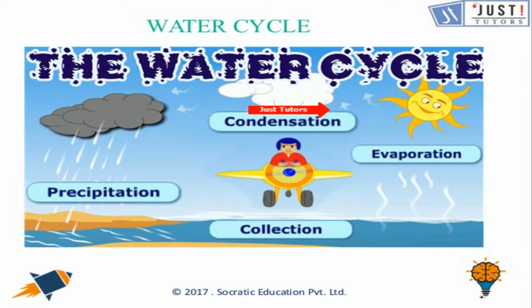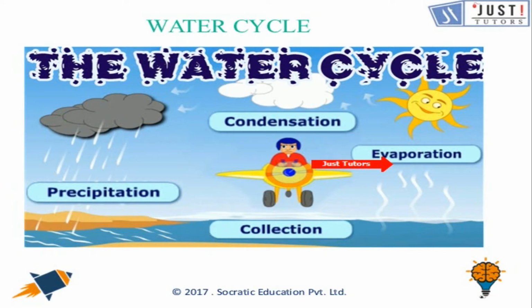Later in this video, we'll be learning how clouds are formed. The formation of a cloud is known as condensation. Now when enough water is collected and condensed, the precipitation starts and we get rain. After the rain, again the water is collected and this process is repeated, starting again with evaporation.